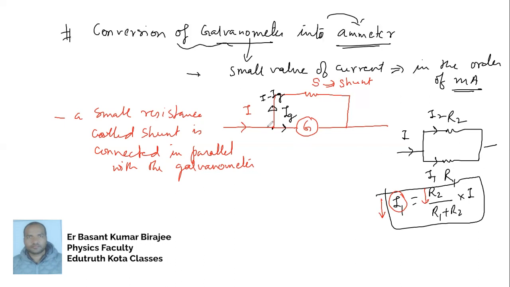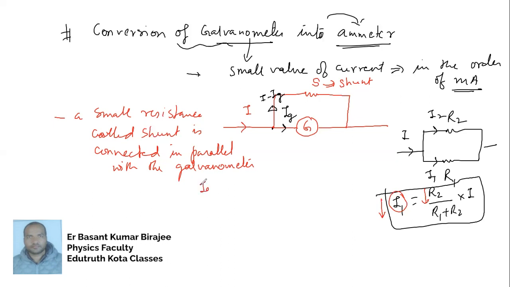In a similar way, you have a parallel combination here. So the value of this Ig current will be small if the resistance connected in parallel is small.